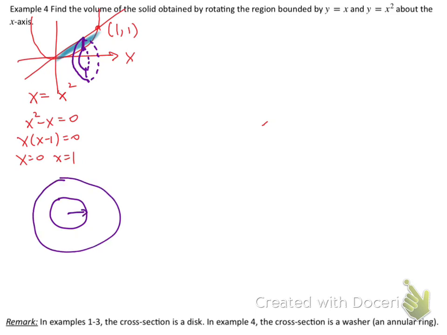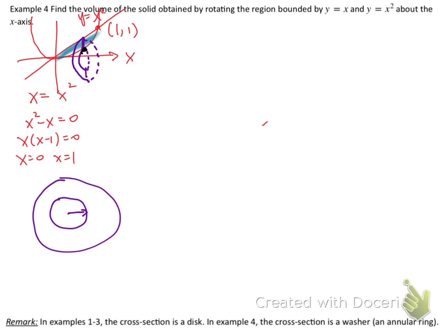The inner radius is how far you have from the x-axis to the lower point here. And that is y equals x squared for a particular x.